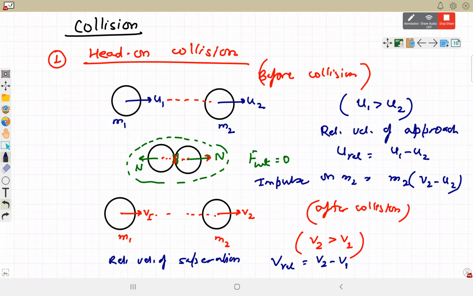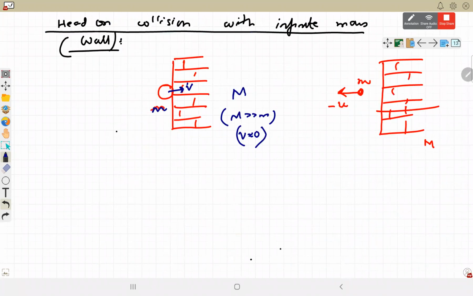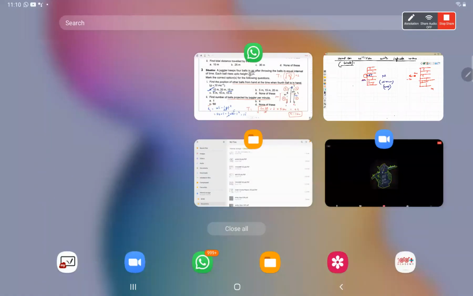Similarly, we can find the impulse on m1, and the value of impulse on both will be exactly equal and opposite.